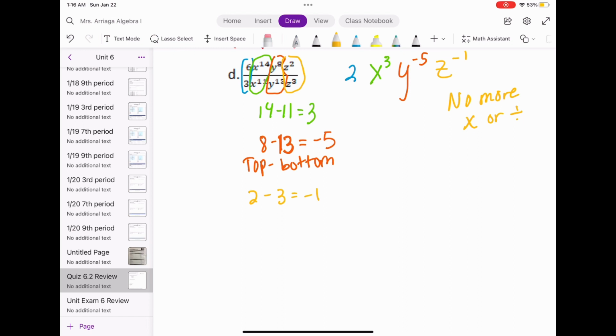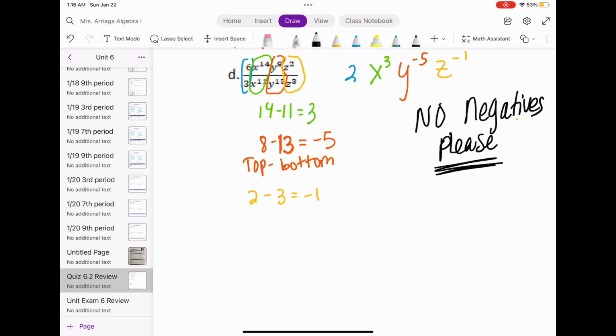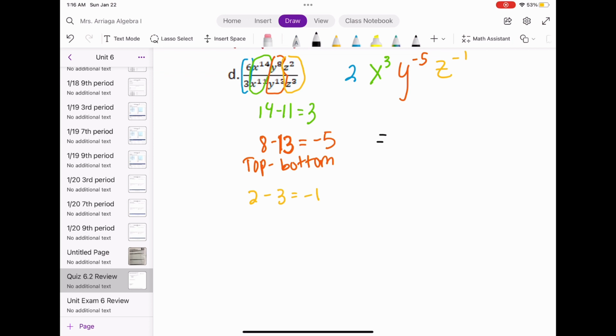No. Remember, when you simplify, there should never be negative exponents left. No negative exponents left. Okay, so let's change all those exponents to positive. Now, if you get confused with these on how to change them to be positive or where to put them, what I like to do is first draw a line and decide what stays on top and what goes to the bottom.